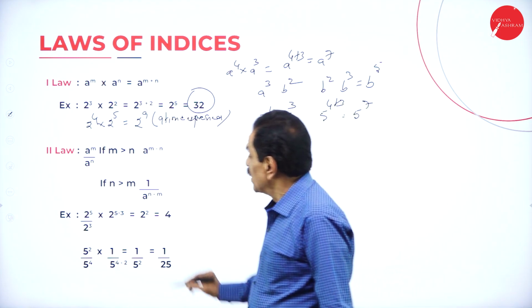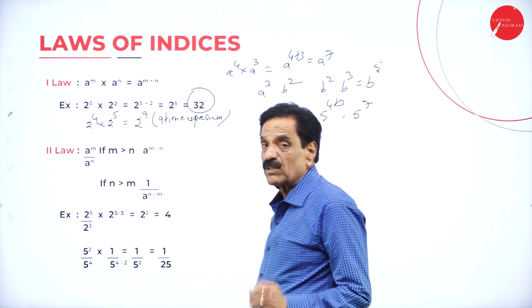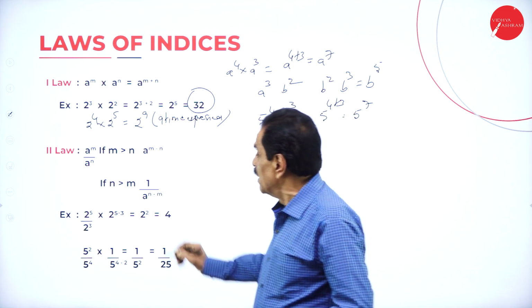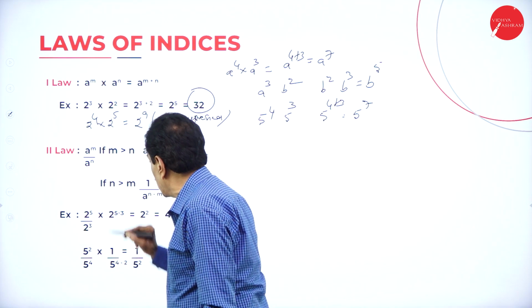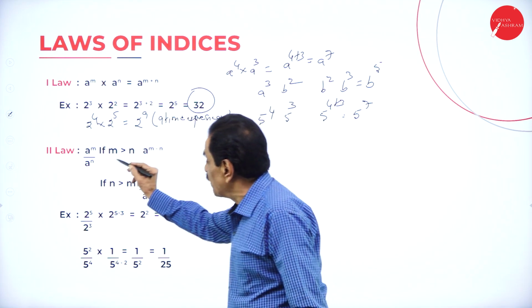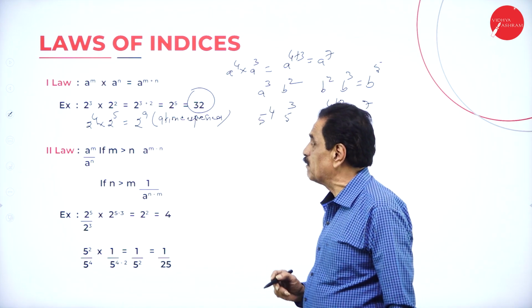The second law goes: a to the power of m divided by a to the power of n. If m is greater than n, then we can say a to the power of m minus n. If n is greater than m, then it is 1 over a to the power of n minus m.